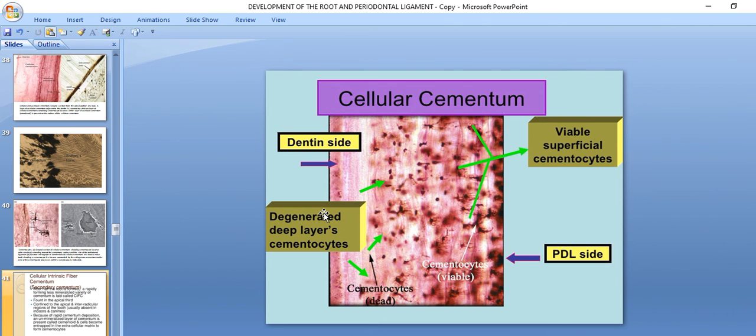As in acellular extrinsic fiber cementum, the formation of cellular intrinsic fiber cementum starts with the deposition of cementum directly onto the fresh dentin layer when the Hertwig's epithelial root sheath disintegrates and thereby leaves the root surface clear.